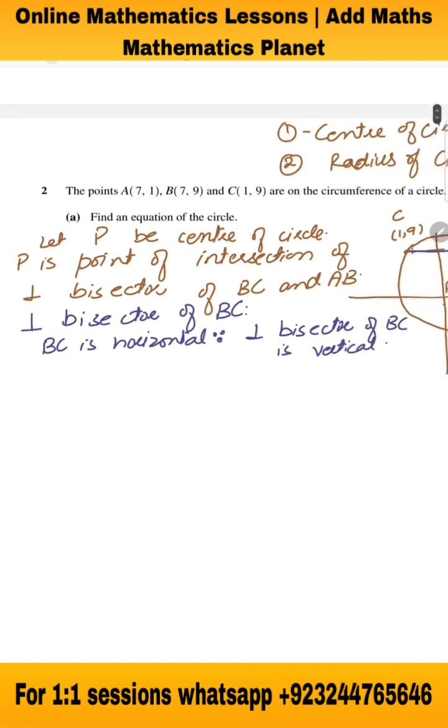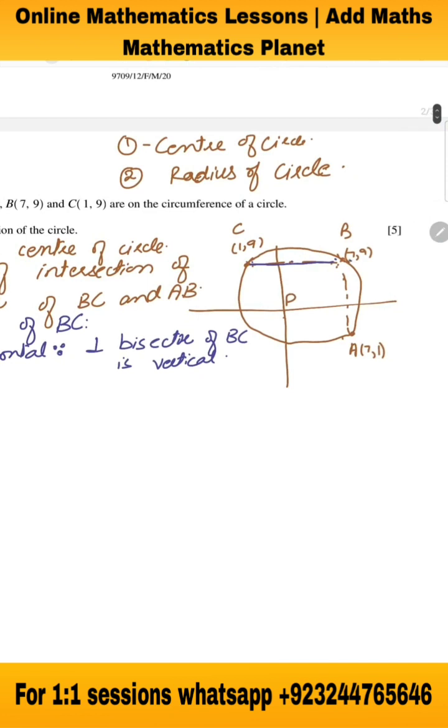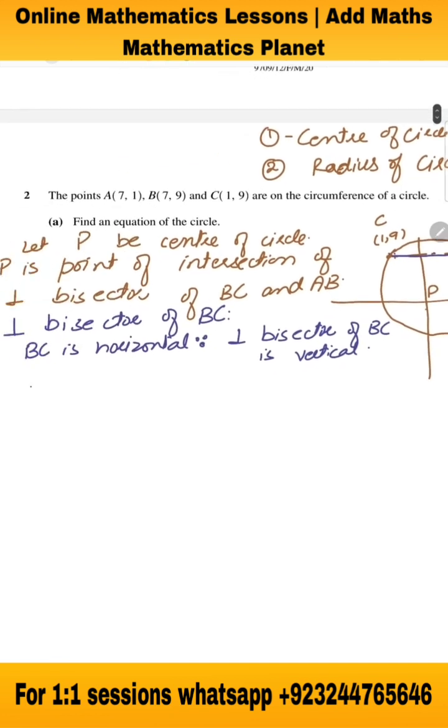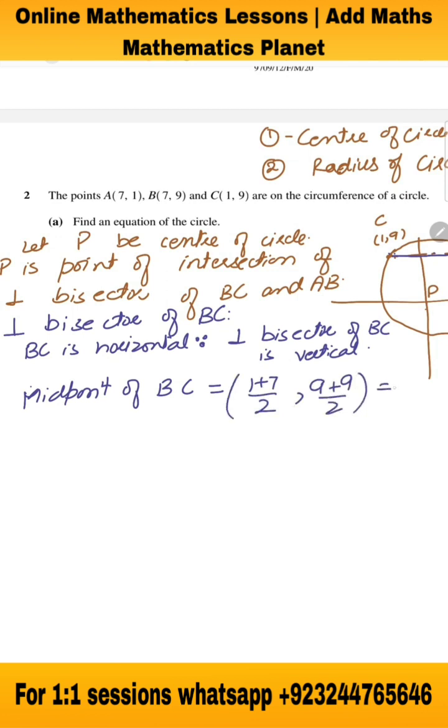So we need to calculate the midpoint of BC. So the perpendicular bisector of BC is x is equal to 4.